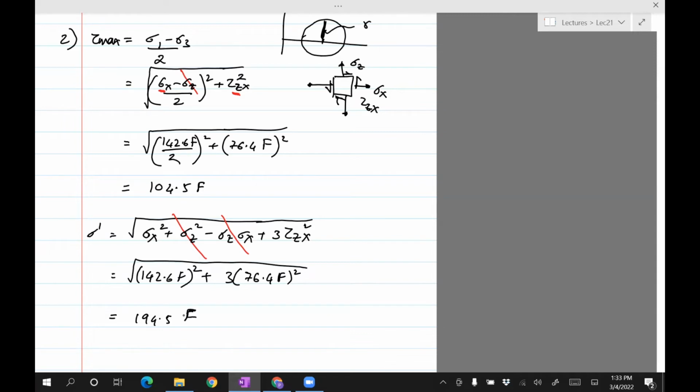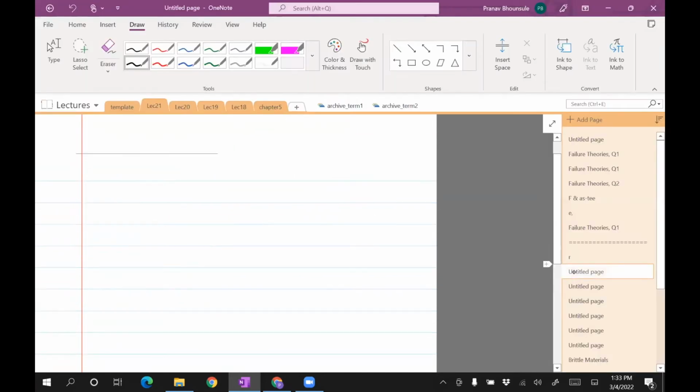Okay, so let's plug it in. The third step now is to use MSS, which states that tau max equals Sy divided by 2. Tau max we found is 104.5 F. Sy is 81 kpsi.